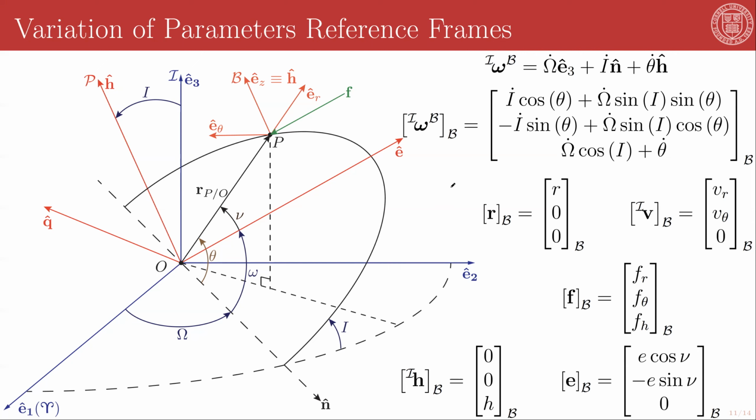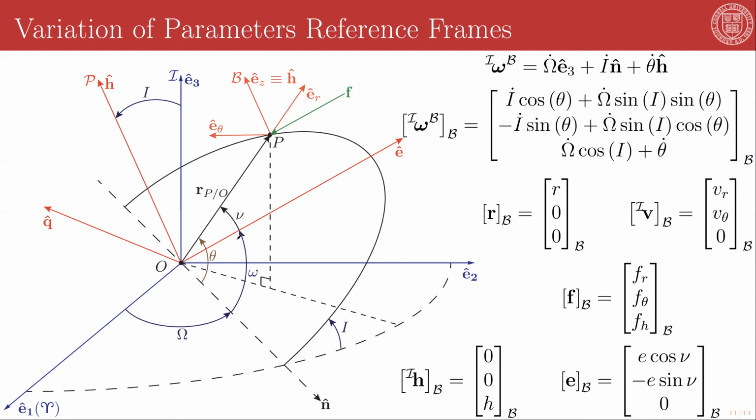And so the associated angular velocity is omega dot about e hat 3. We then take an inclination rotation about the line of nodes. And so the angular velocity associated with that rotation is i dot in the n hat direction. And finally, we take a lowercase omega rotation, argument of periapsis, about the angular momentum direction.